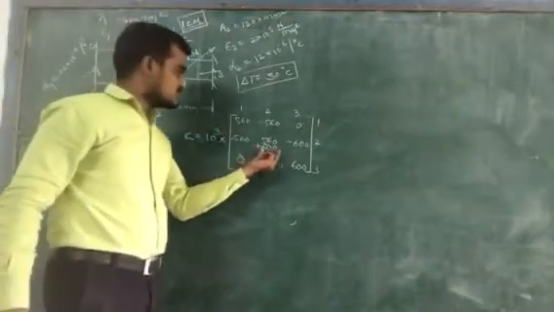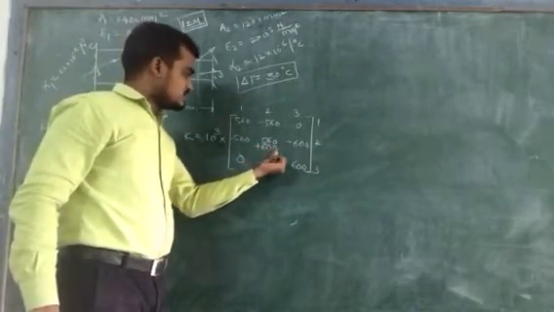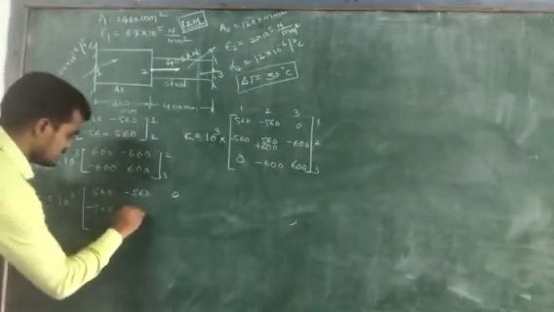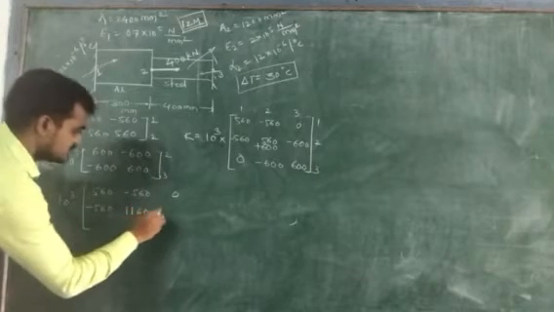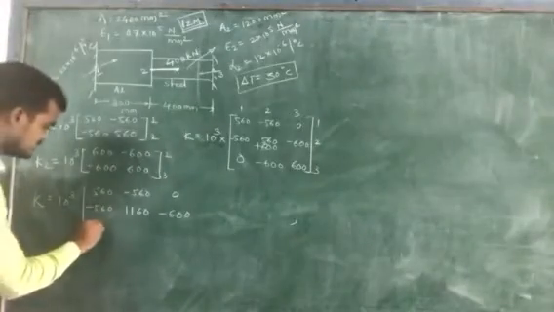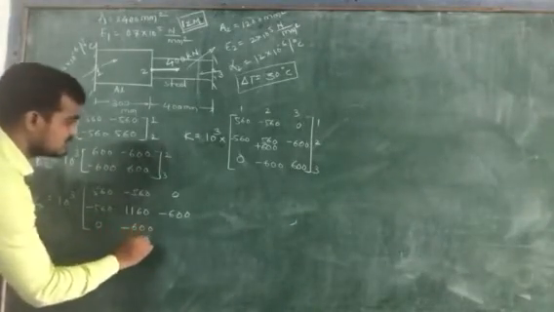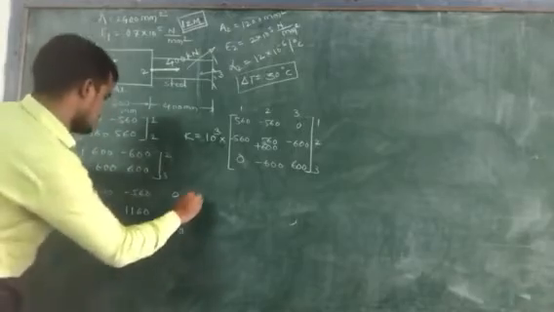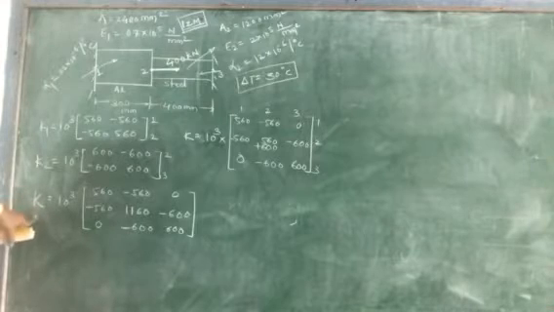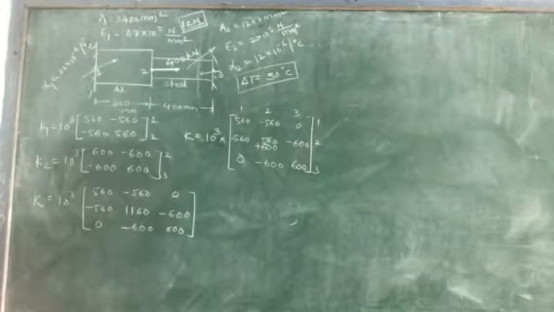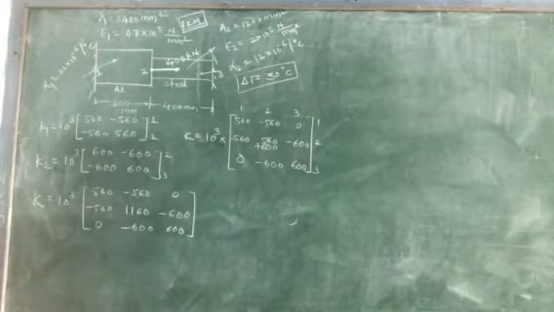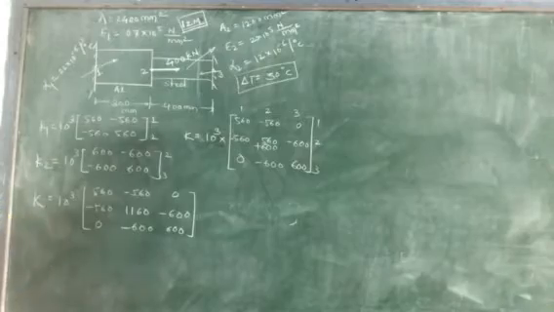Now addition of this, 560 plus 600 means 1160, minus 600, 0, minus 600 and plus 600. So in this way you will get the global stiffness matrix K as 560 minus 560 0, minus 560 1160 minus 600, 0 minus 600 600. Okay, this is the global stiffness matrix.